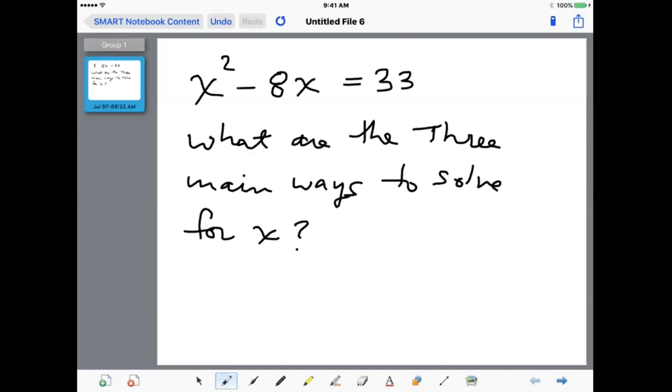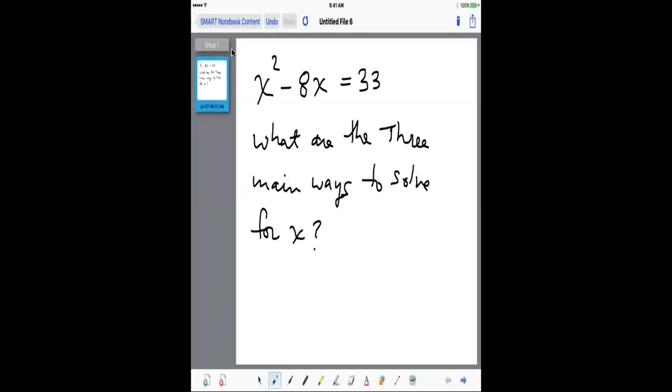this was notable because quadratic equations are not especially practical in the real world. Like this question that's on the screen now, x squared minus 8x equals 33. Why, for practical purposes, would anyone want to know that?